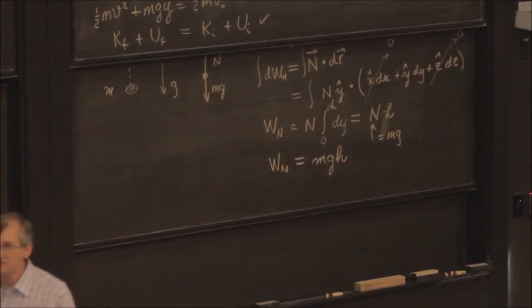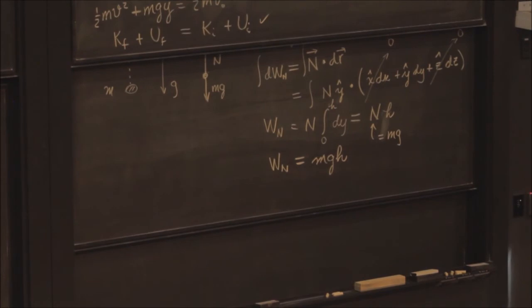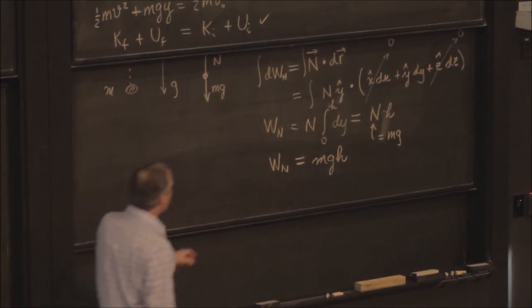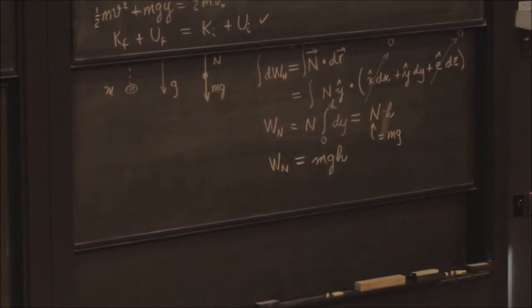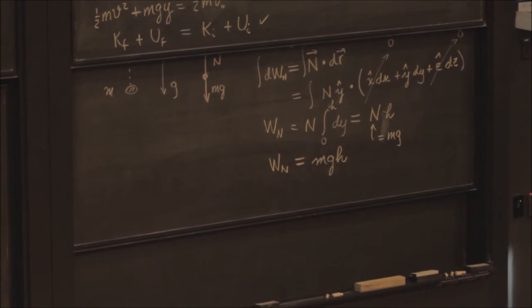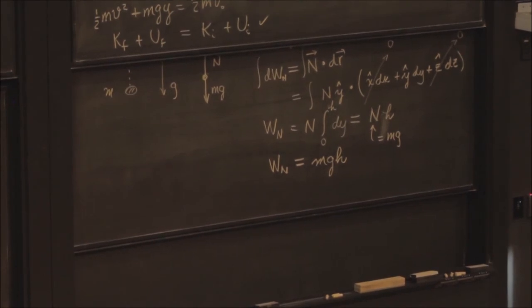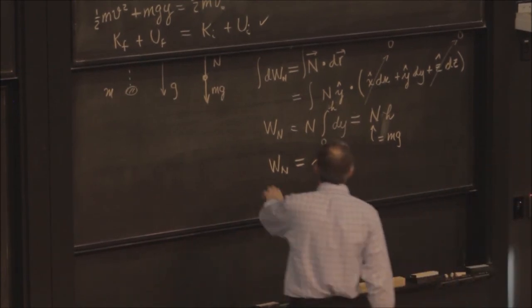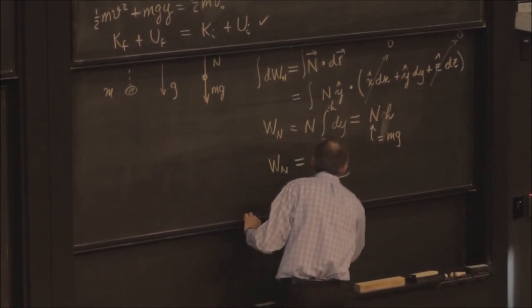But mgh is something that we defined last time. That was the gravitational potential energy. So work could be transforming into kinetic energy. If I just take the unbalanced force and let it go, then I'm going to get kinetic energy out of it. Or I can do work against the force, and that gets stocked now in gravitational potential energy.